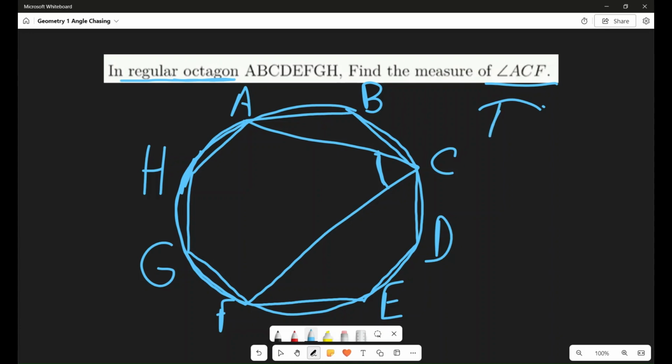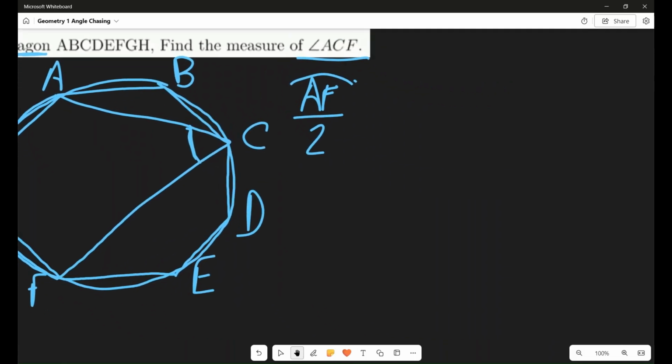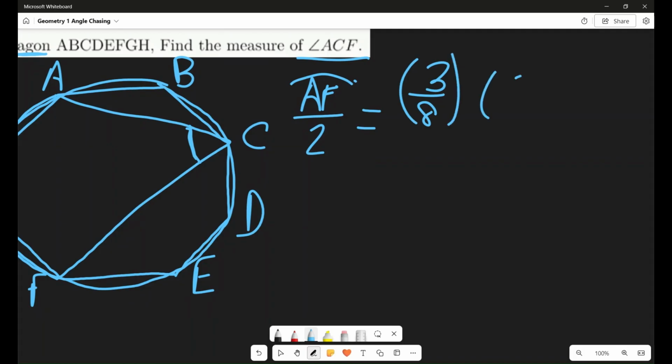what we're looking for, minor arc AF over 2, is equal to 3/8, and that's because there's 3 sides going from A to F. 3/8 of 360, and then over 2.